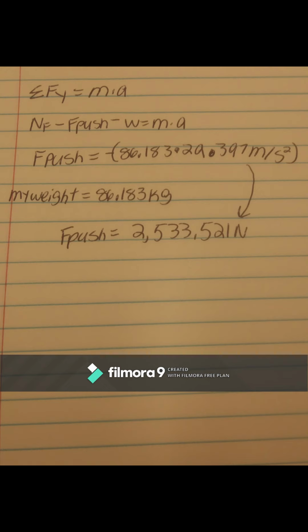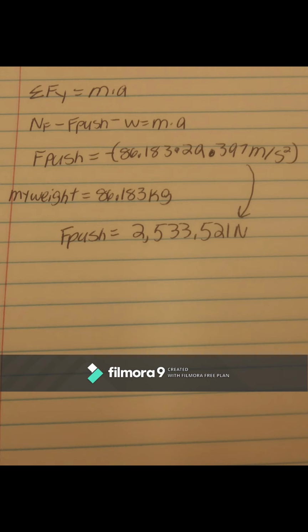I use this acceleration that we have already found to calculate the amount of force I need to put into the ground to get the height and velocity I need to clear the hurdle. I only look at the forces acting in the y direction, which is my weight, my force push, and my normal force. My weight is negative due to the force acting downward in the negative direction.